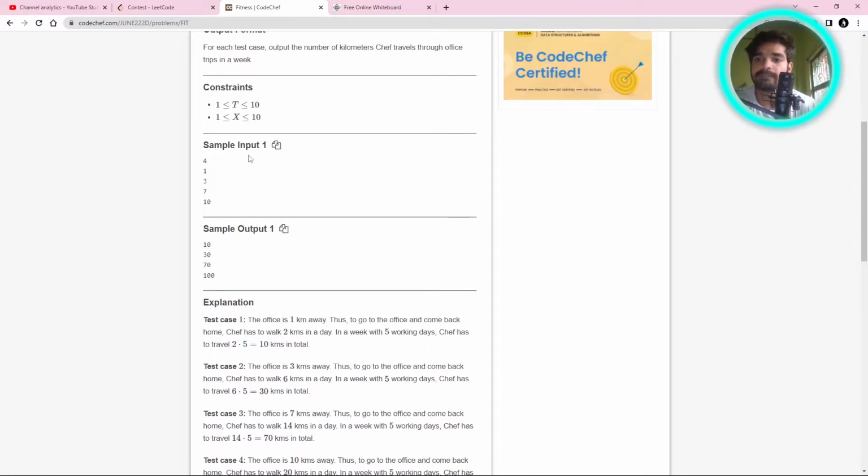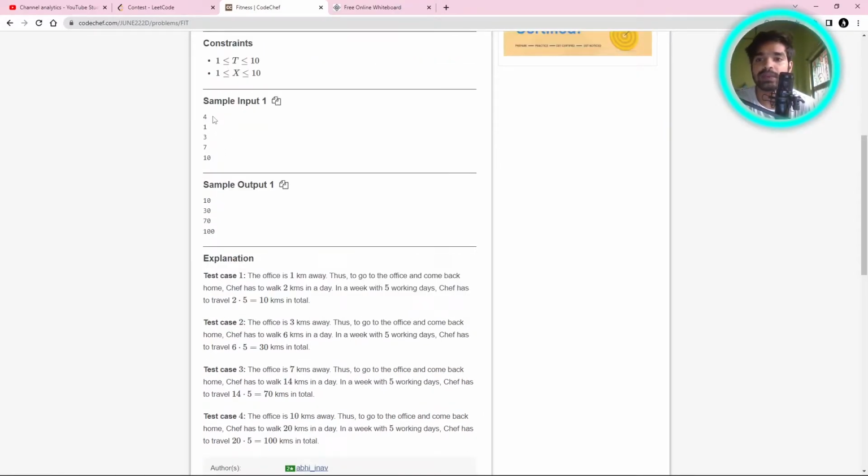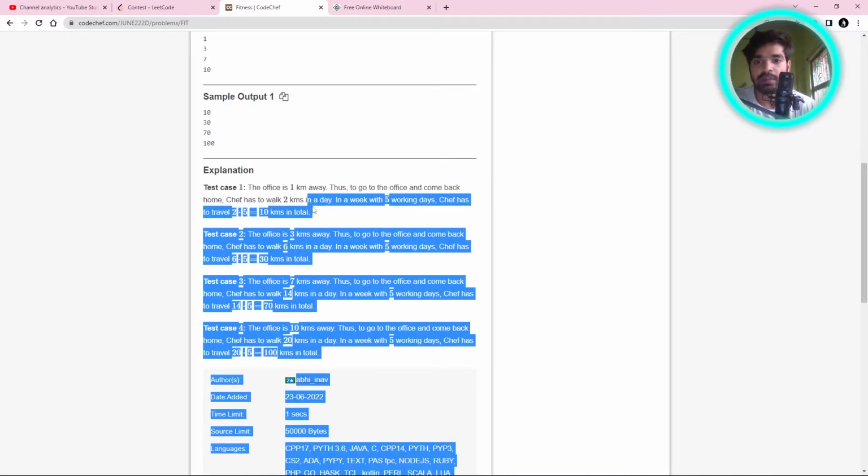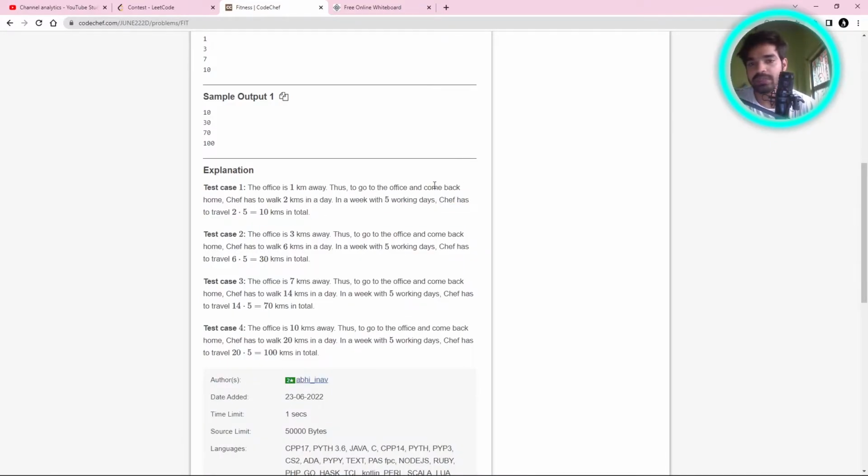In the sample input, the first line is 4, so we have 4 test cases, and we have 4 sample outputs for them. There is no need to explain this one, because he travels 1 kilometer, returns 1 kilometer, so a total of 2 kilometers in a day. And if he goes to the office 5 days a week, he will be traveling 10 kilometers.